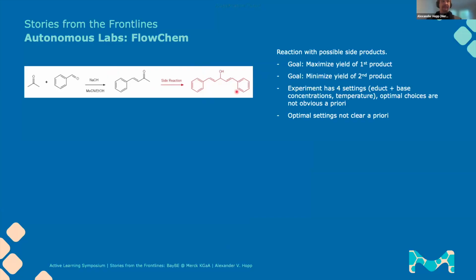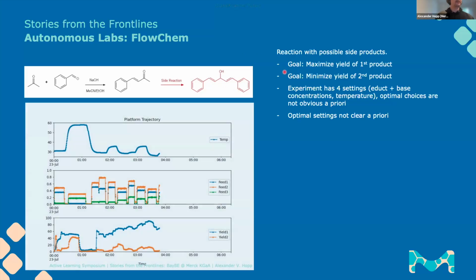This experiment had 4 settings: the EDAC and base concentrations and the temperature. And the optimal choices, in comparison to the DOE stuff that I've shown you earlier, we don't know the process here in detail. We cannot write down mathematically that that's the best thing we can achieve, or that these are the settings we need. This was really a setting where nothing was known a priori.